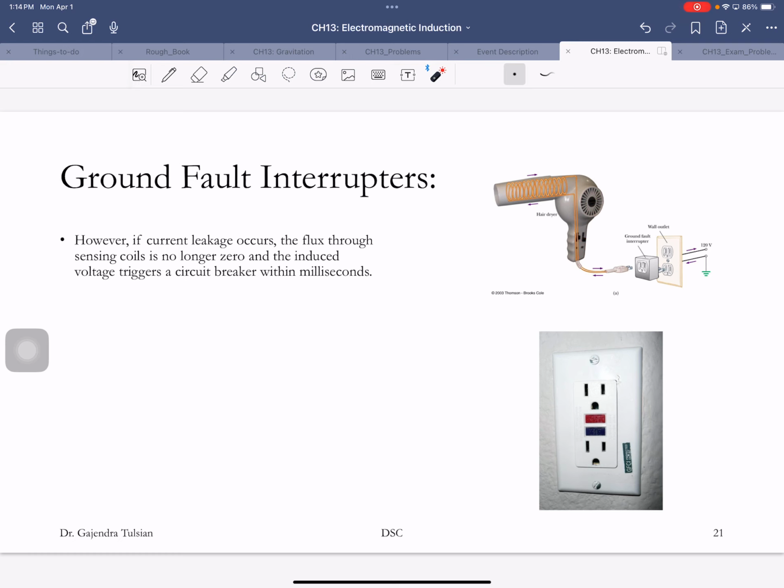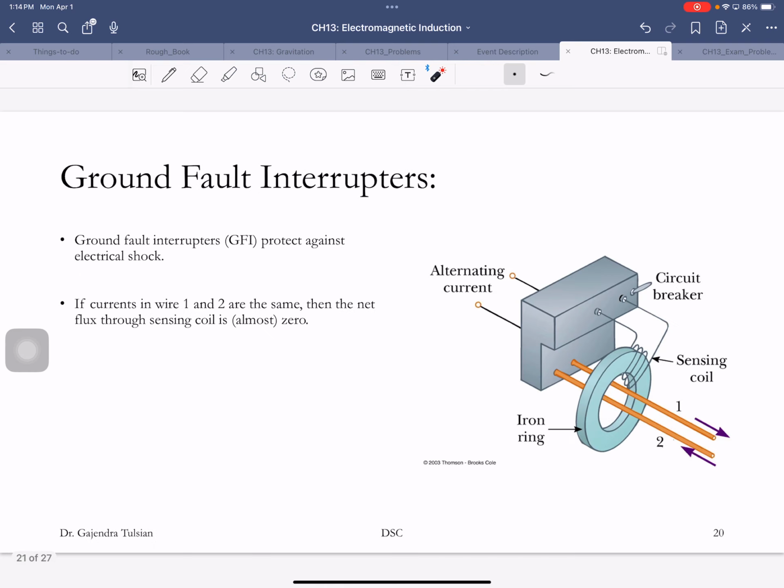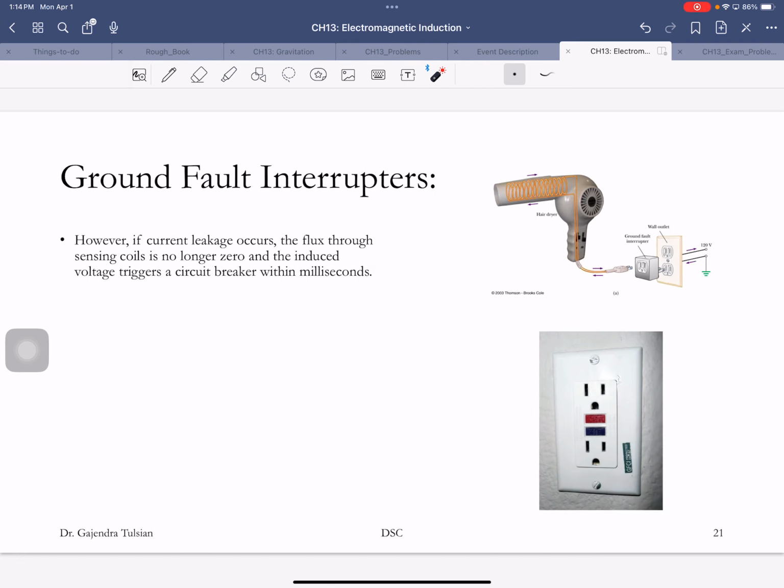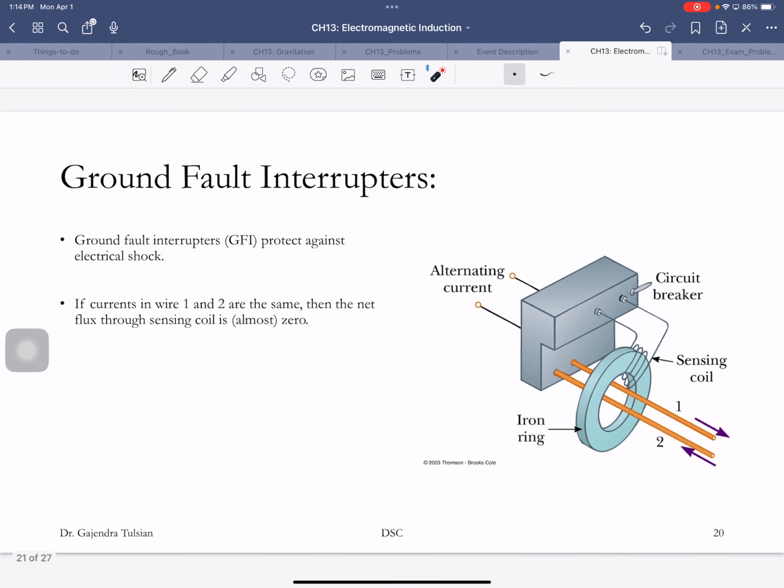Okay. So let's see what this thing does. You have current flowing in, and how much current do you want flowing back? Exactly the same amount. You don't want the current flowing through any other path. So let's say this current is flowing through here.